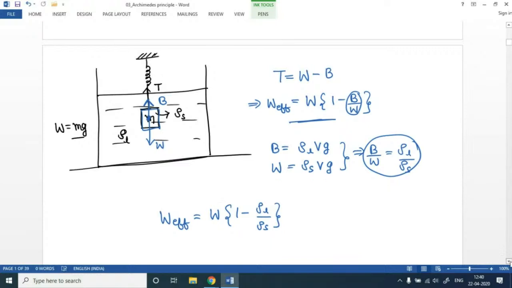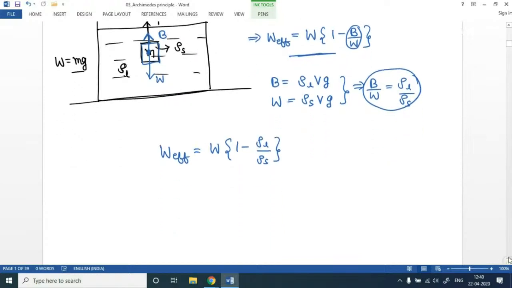So let's take conditions. Case 1: if rho L is smaller than rho S, then obviously W effective would be positive.